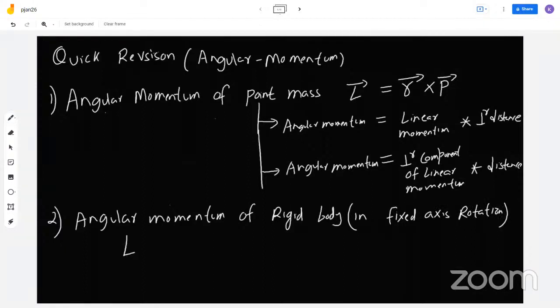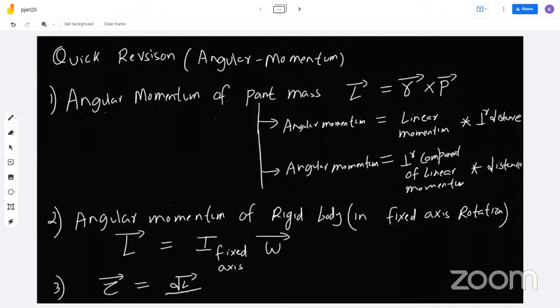L vector is equal to I about the fixed axis into omega. Yes. Then torque was dL by dt. Okay, torque was dL by dt.